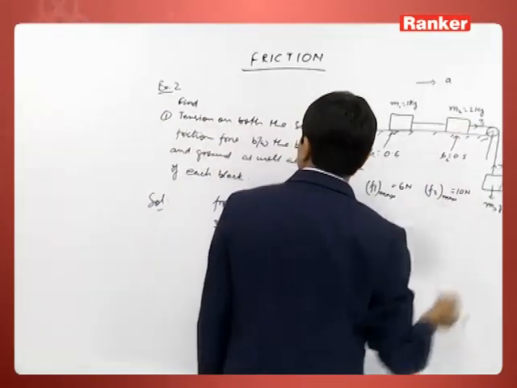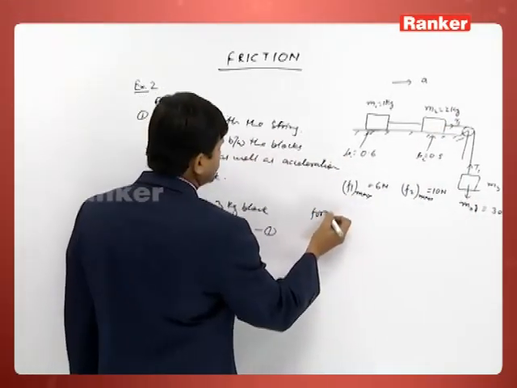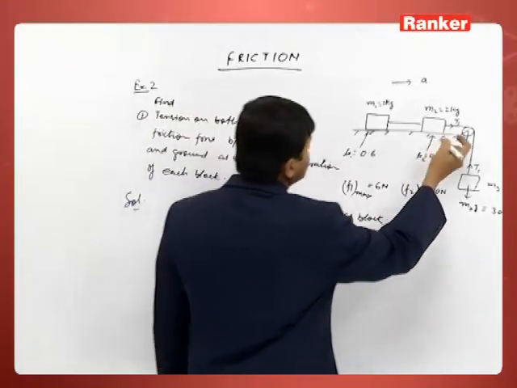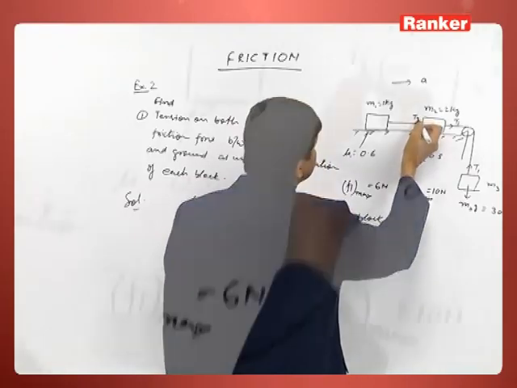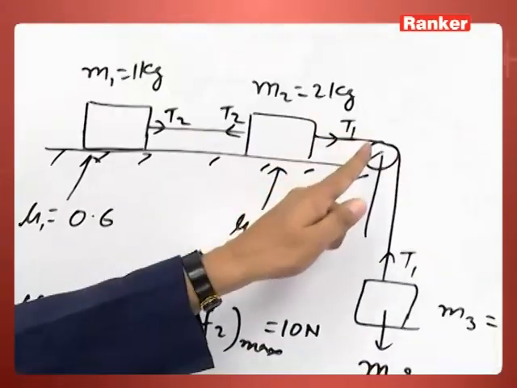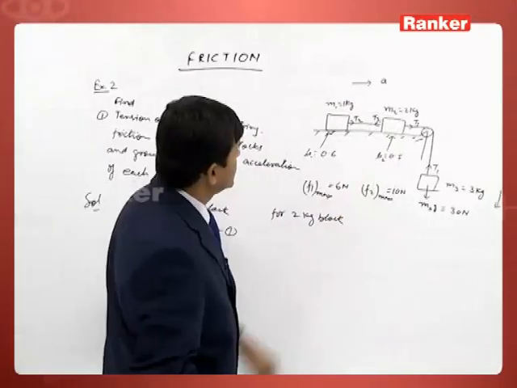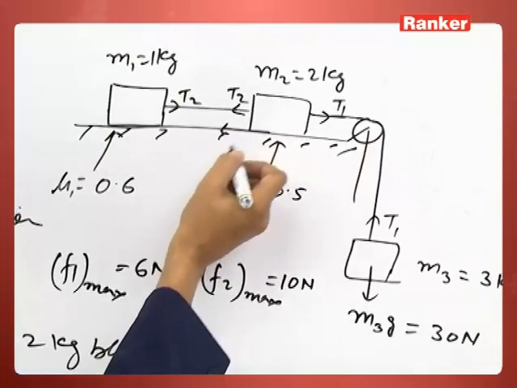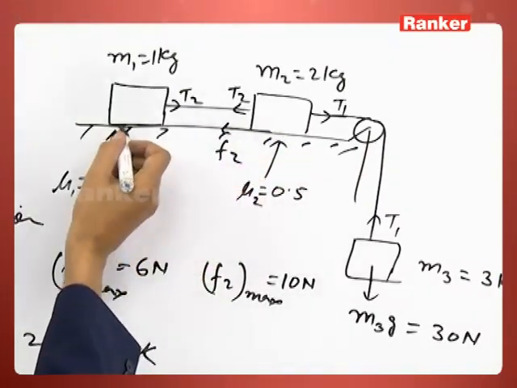Now for the 2 kg block, here is T1, and another tension T2 here, and it has a tendency of motion to that side. As T1 acts here, friction force F2 will act here, and here also friction F1 will act.